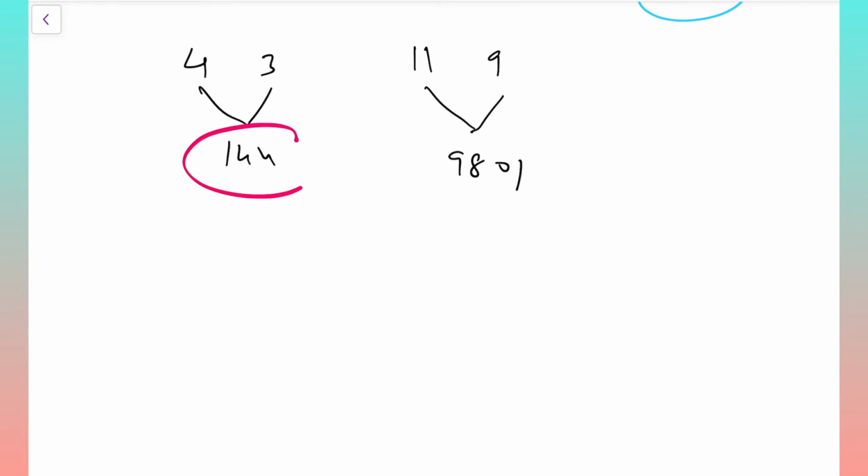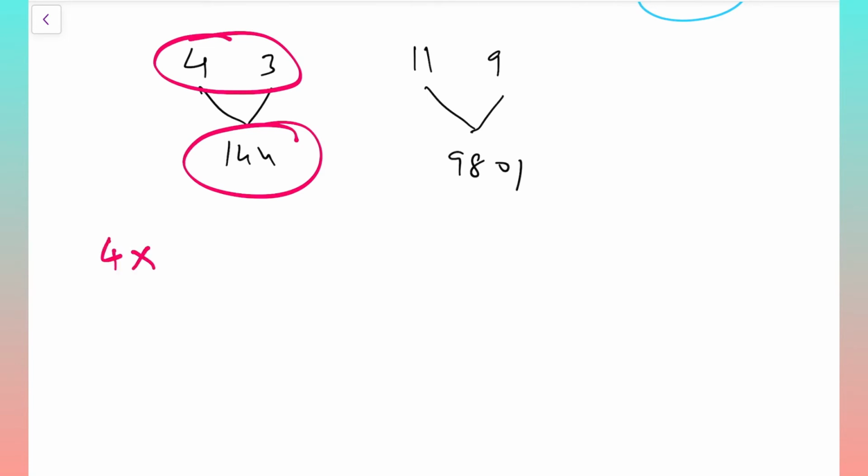Next, okay, now if you observe these numbers, 144 is 12 square. So how will we get 12 from these two numbers? 4 and 3.